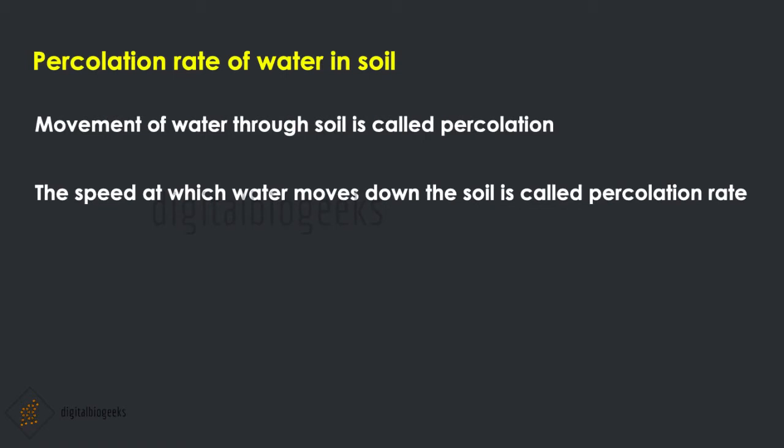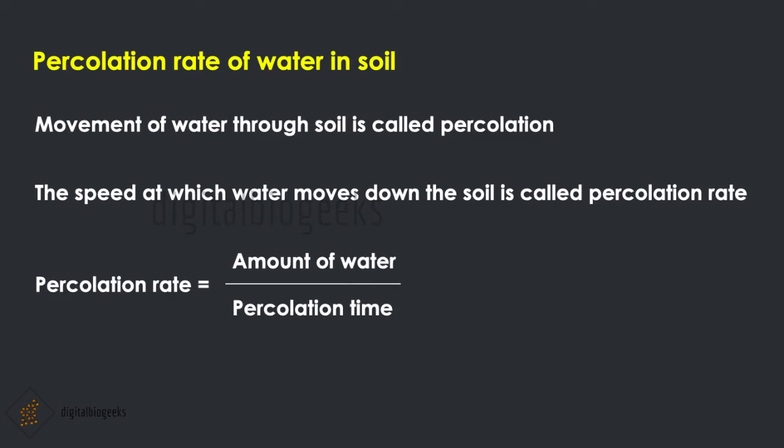If the water percolates through a sample of soil in 10 minutes, we can say the percolation time is 10 minutes. Now let's calculate the percolation rate. Percolation rate is equal to amount of water divided by percolation time.